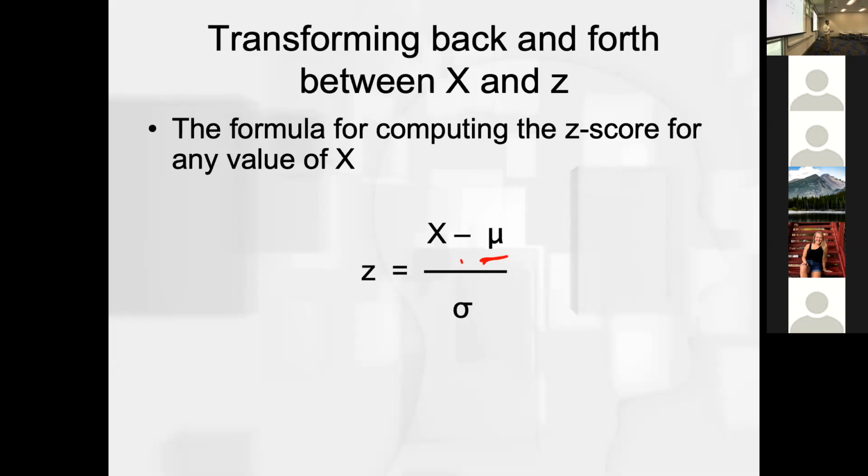What is the lowercase mu here? Yep, mean, exactly. And what is the lowercase sigma again? Standard deviation, perfect. So what this equation is saying is to get your z-score, you take the x, the value that you're interested in. From that, you subtract the population mean. And then you take all of that and divide it by the standard deviation.